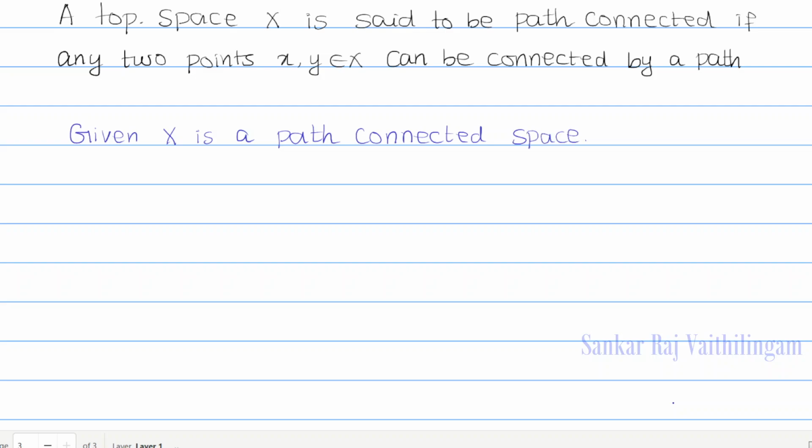Now let capital Y be a topological space, and let h be a function from X to Y, a continuous function.